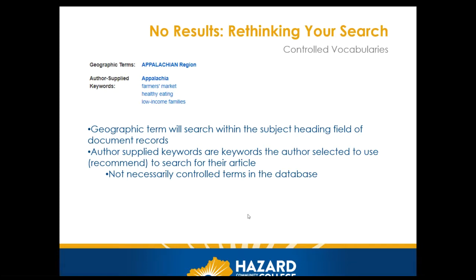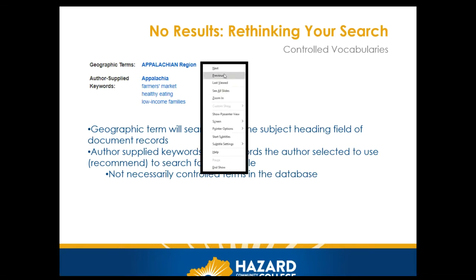So the geographic term will search within the subject heading field of document records, and the author-supplied keywords are keywords the author selected to use and recommend to search for their articles in the future. These, let's see, yeah, author-supplied keywords are not necessarily controlled terms.